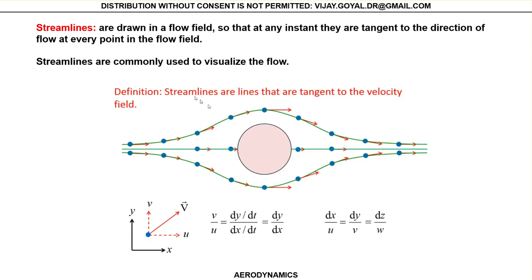So basically, the streamlines help me to understand how the flow is around an object, but they also tell me the velocity gradient involved with that.